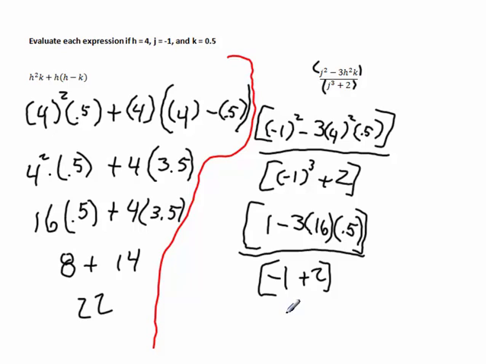So I have 1 minus 24 being divided by -1 plus 2 is 1. And this gives us -23 over 1, which is simply -23.